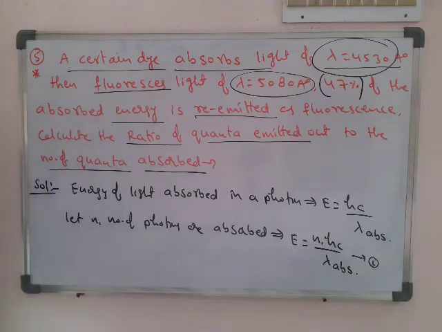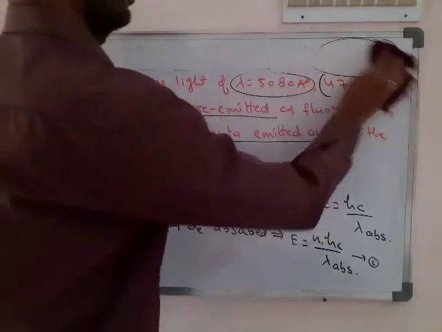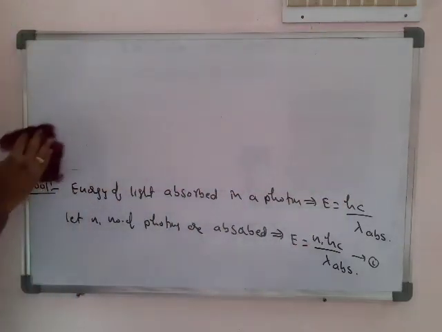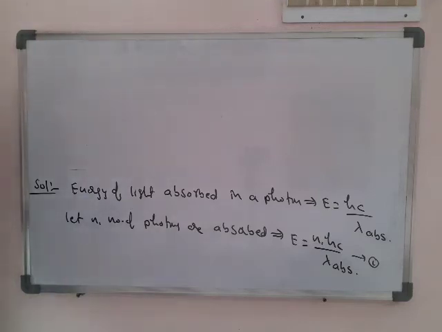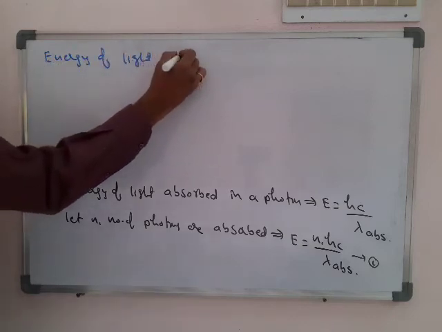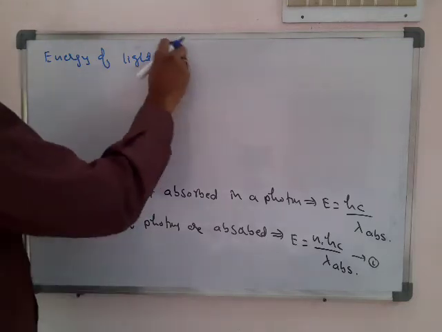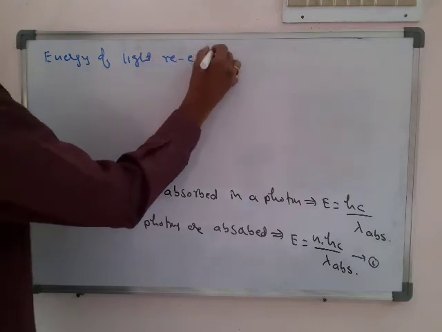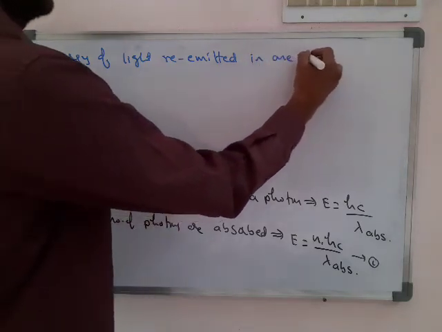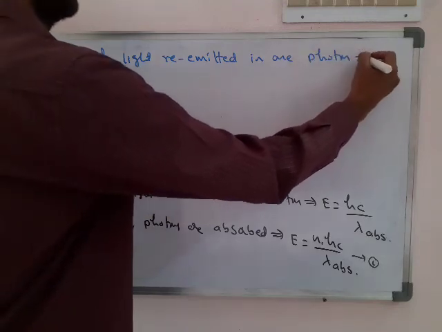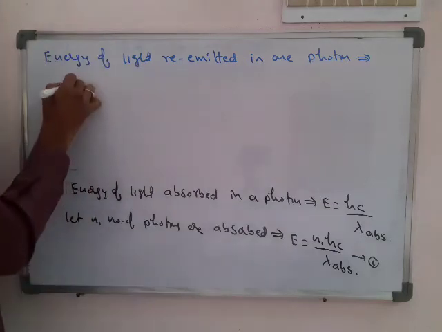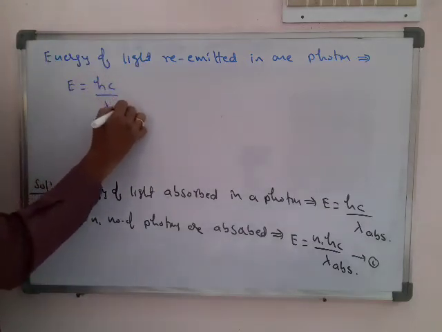So now we look at the emitted light. Energy of light re-emitted in one photon is equal to hc by lambda emit.